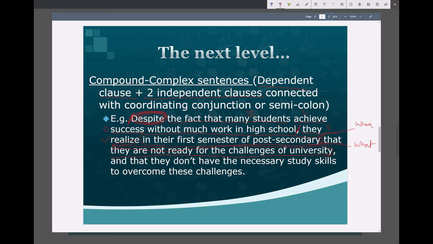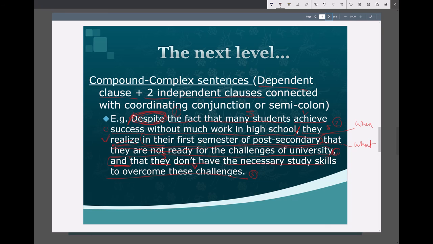Okay? But regardless, you have an independent clause because it has a subject and a verb. And then look, you got a coordinating conjunction with a comma here, which connects to clause number, this is 1, this is 2, and clause 3. That they do not have, or they don't have, so subject again, students don't have, verb, the necessary study skills to overcome these challenges.